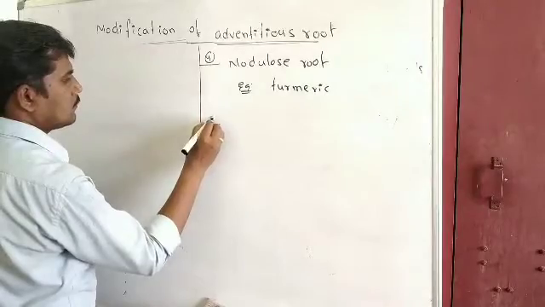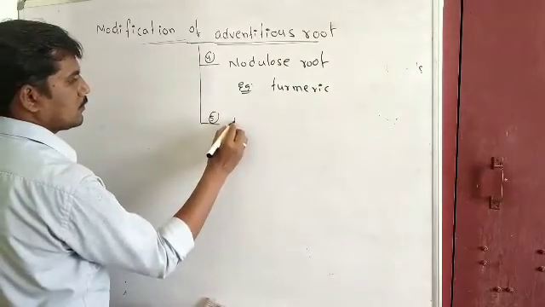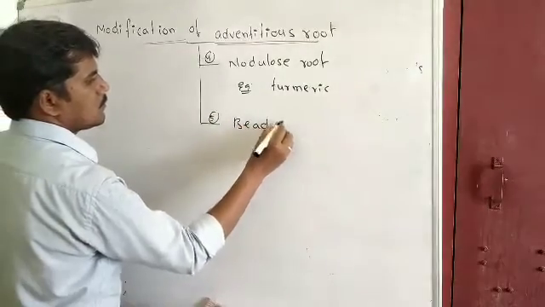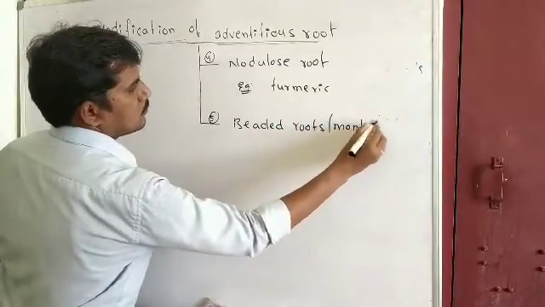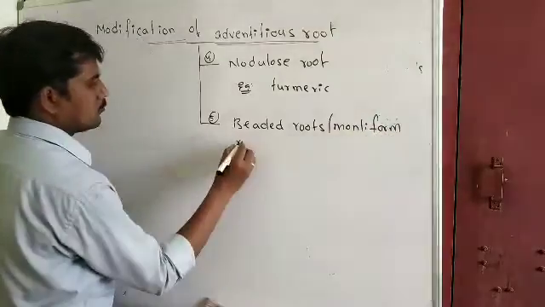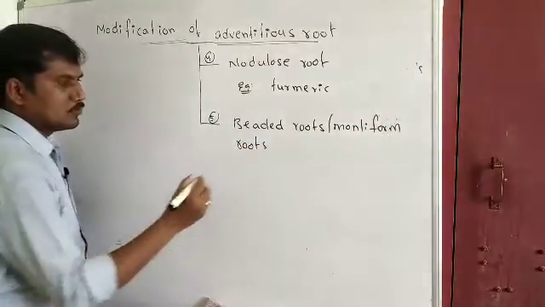Next, the fifth one, important: beaded roots, also called moniliform roots. See the diagram now.